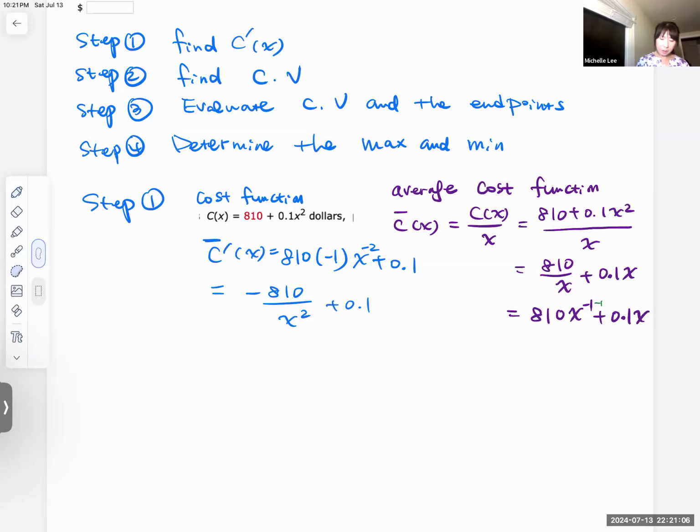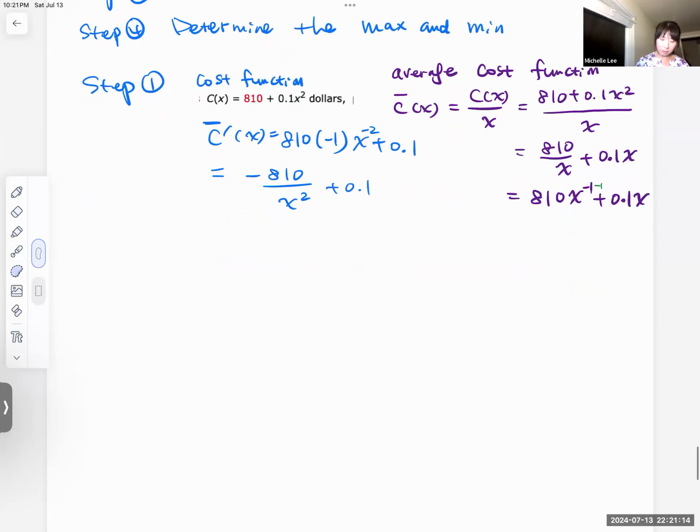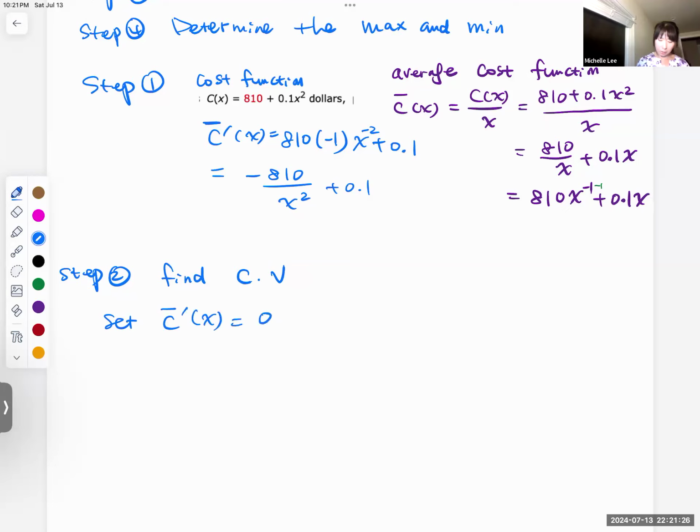Step 2, we need to find the critical value. So we set the average cost function prime of x equal to 0.